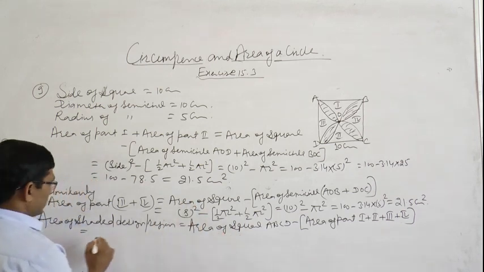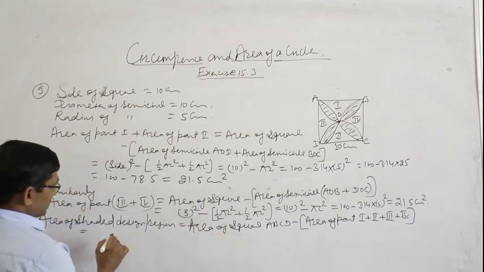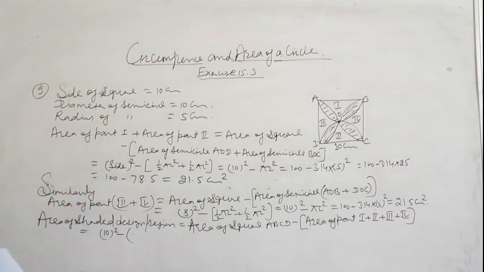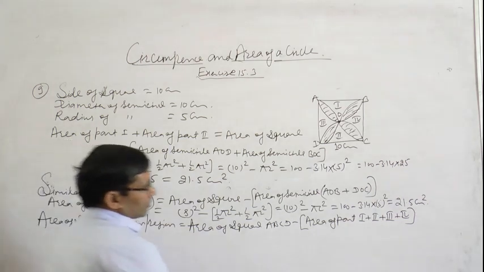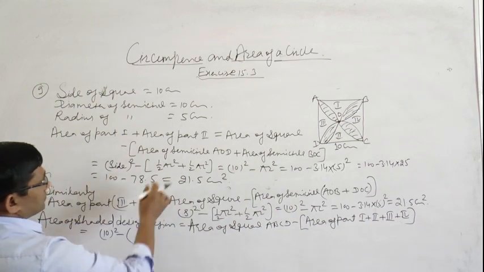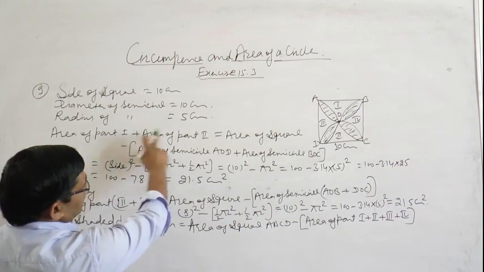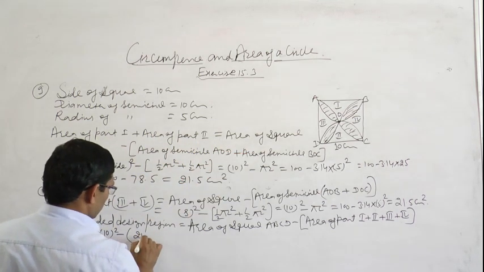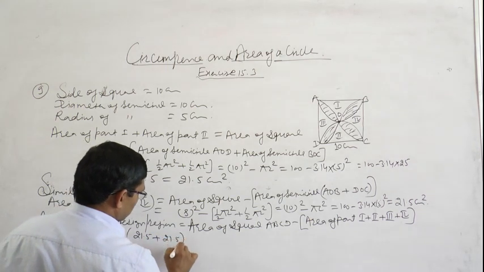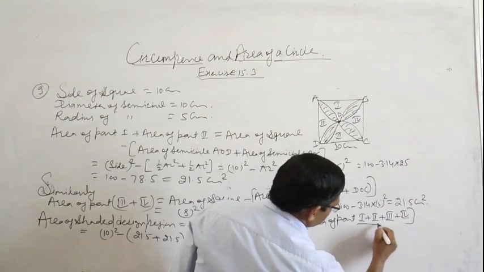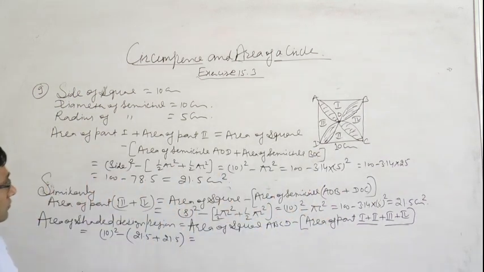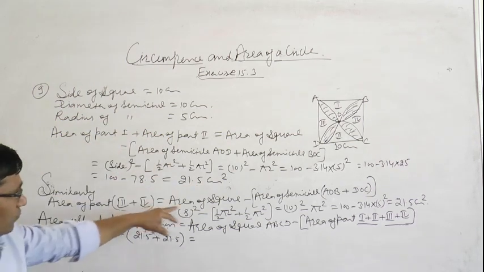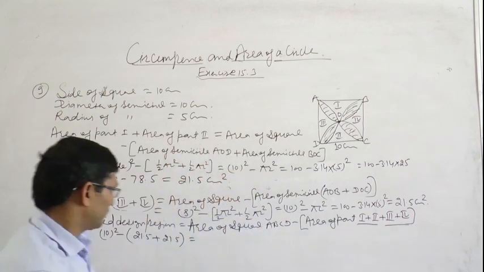Area of square is side square, 10 square, minus area of part first plus second, which is 21.5, plus part third plus fourth, which is also 21.5 centimeter square.